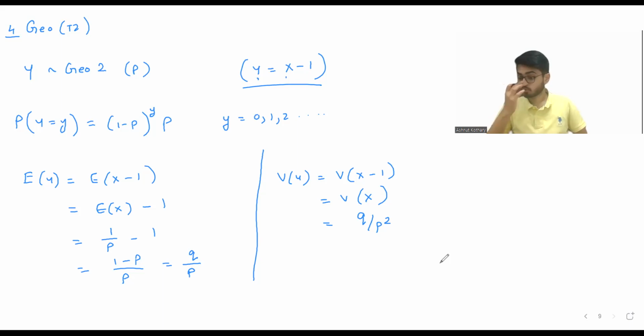Your application could be, let's say, if you want to calculate the amount of money you will have to spend as your examination fee before you pass the paper for the first time. So you can model this as, assuming that the examination fee remains constant, the examination fee per exam into the number of failures.